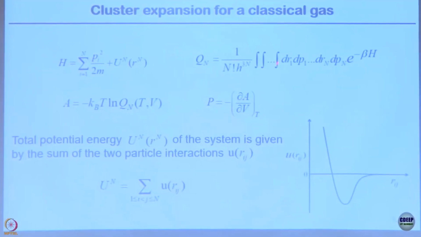So this is the partition function, and if we can evaluate that partition function, I can get the free energy, and if I can get the free energy, I can get the pressure as a function of volume, and that is called the equation of state, and that should show the phase transitions in the presence of interactions. And then this Hamiltonian, which is to be integrated with the Boltzmann factor, is given by kinetic energy plus total potential energy, and the total potential energy is here, and this is another notation that we use.